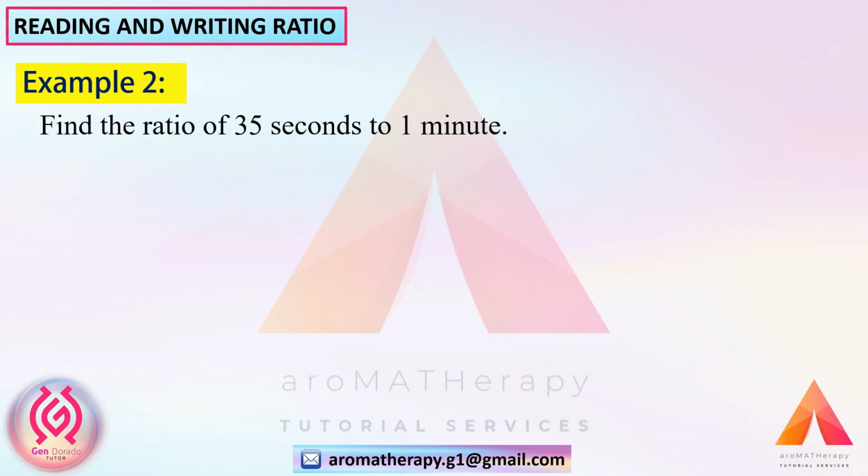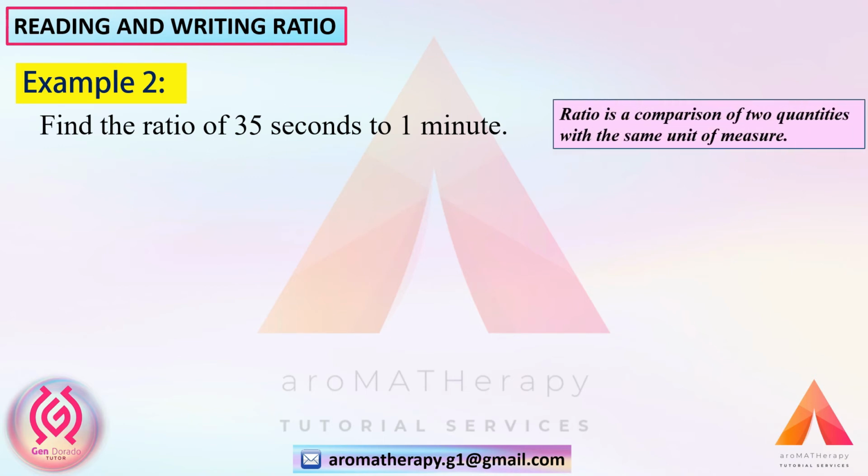Okay, let's proceed to example number 2. Find the ratio of 35 seconds to 1 minute. Okay, how will you solve this one? Take note that a ratio is a comparison of two quantities with the same unit of measure. Take a look at their measurement.